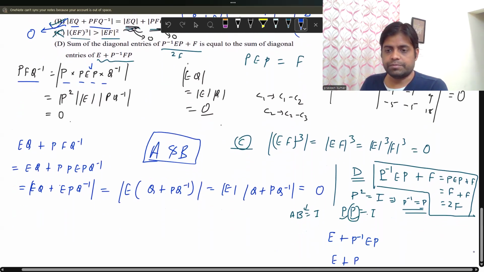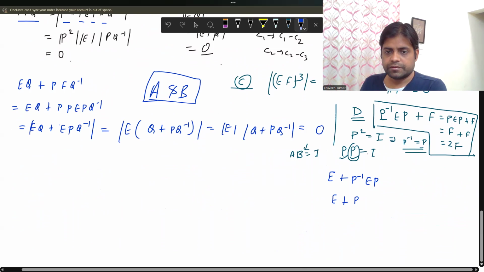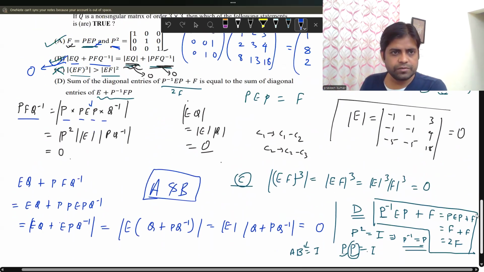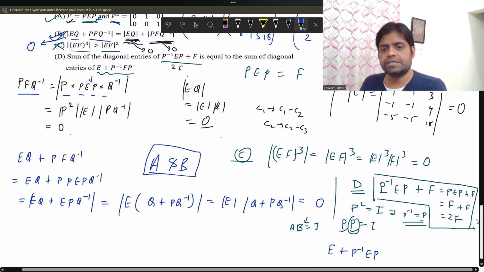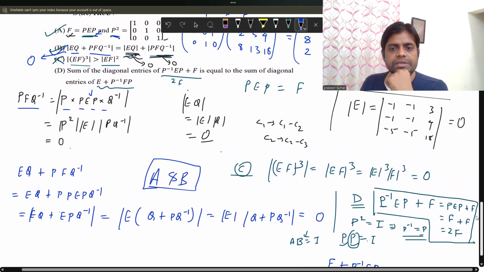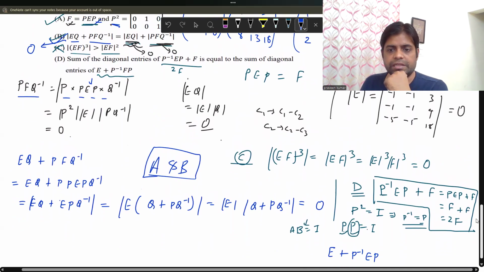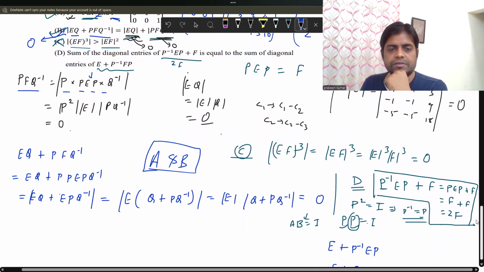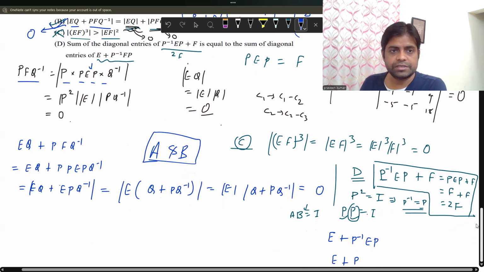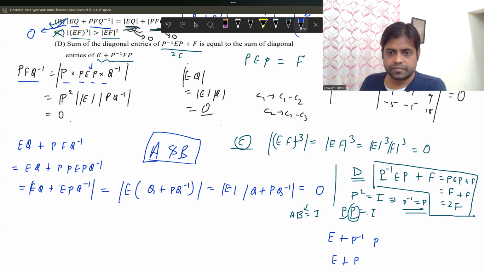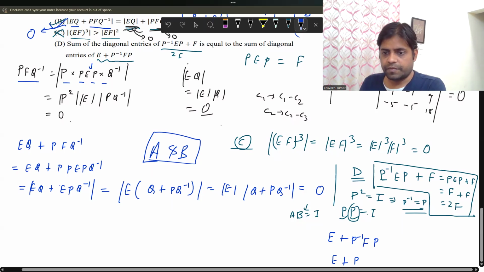F is equal to PEP. Here it is P inverse EP, so PEP, we can write PEP, and that is equal to F. But here it is PFP, students. It is not P inverse EP. This is P inverse FP. We have to find this.